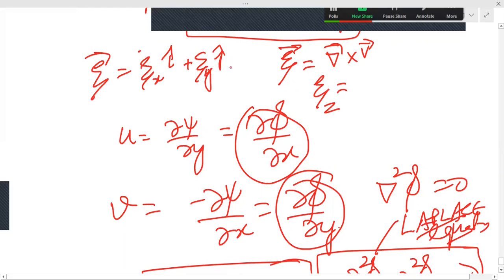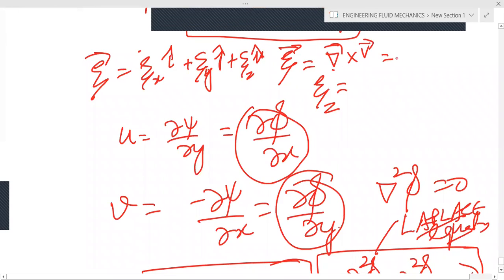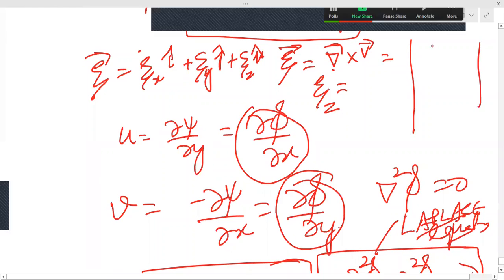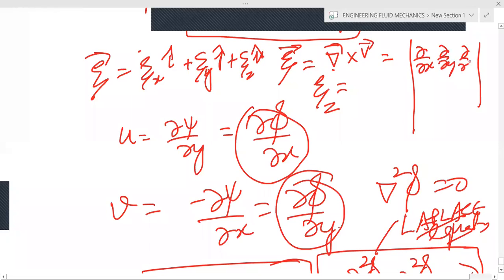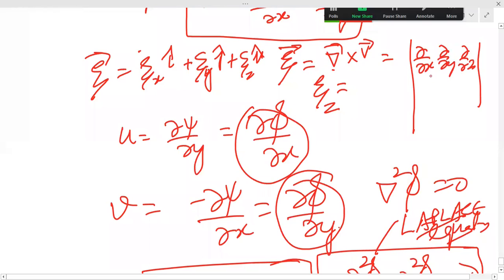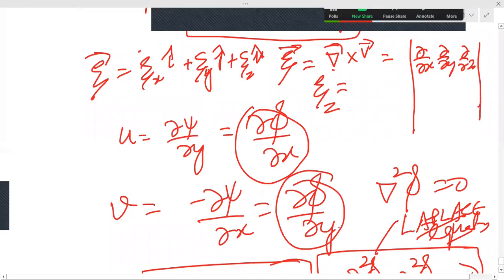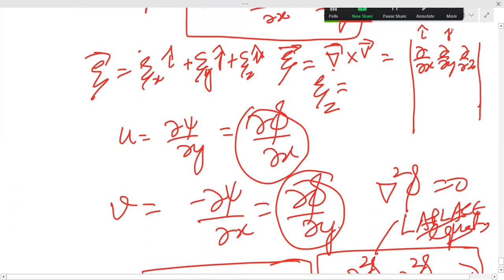So here, can you write this in matrix form? ∂/∂x, ∂/∂y, ∂/∂z. What else? You know that you have i, j, k.